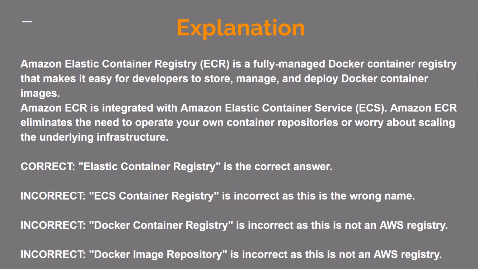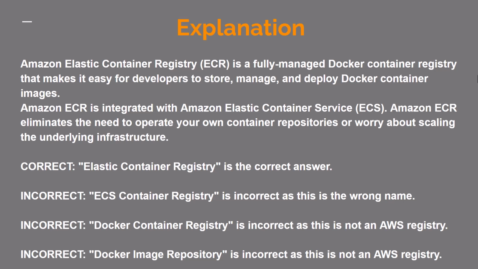Explanation. Amazon Elastic Container Registry (ECR) is a fully managed Docker container registry that makes it easy for developers to store, manage, and deploy Docker container images. Amazon ECR is integrated with Amazon Elastic Container Service (ECS). Amazon ECR eliminates the need to operate your own container repositories or worry about scaling the underlying infrastructure.